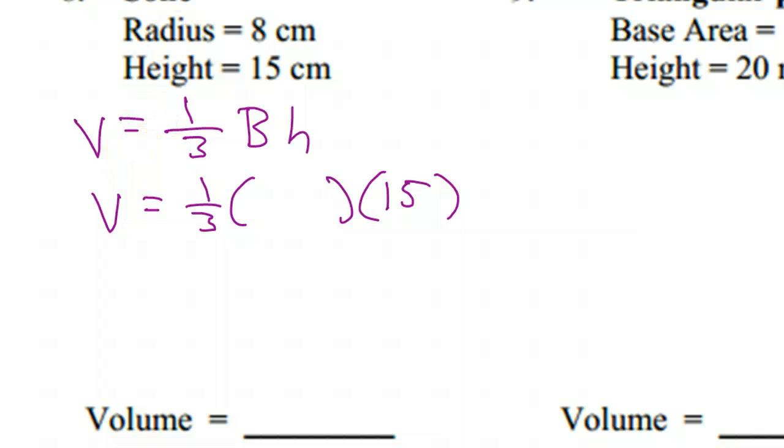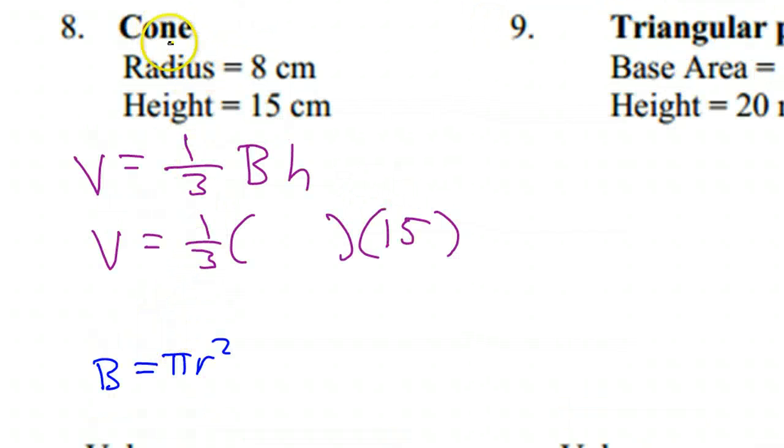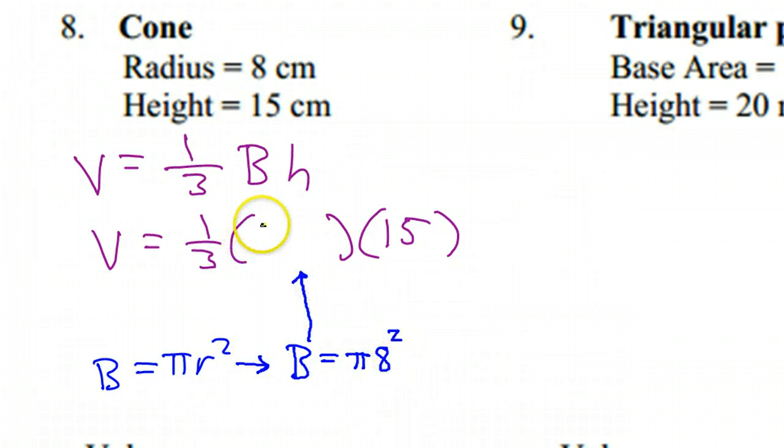The area of the base is pi r squared, because the base of a cone is always a circle. That's why they gave us the radius of 8 centimeters. So the area of the base is pi times 8 squared, which is 64 pi, because 8 squared is 64.